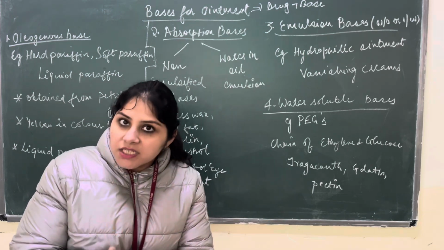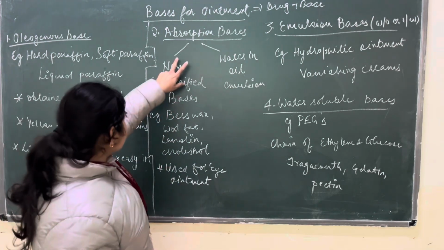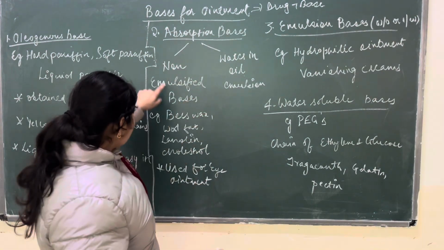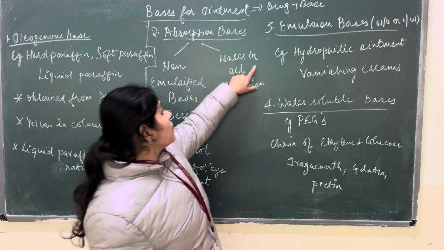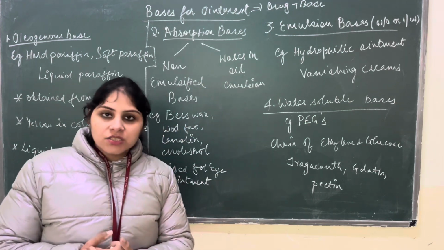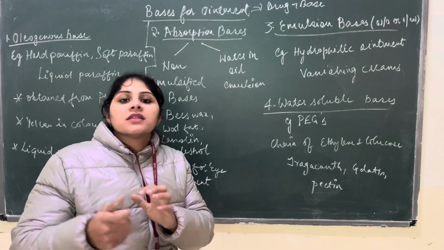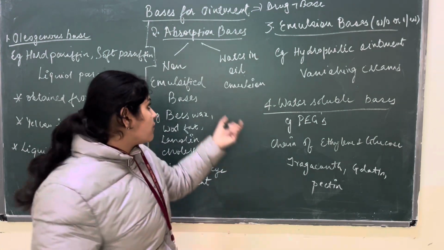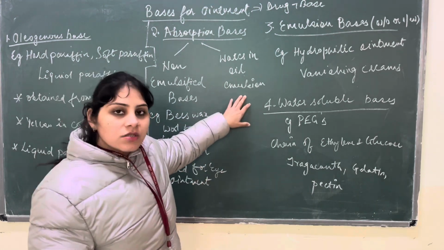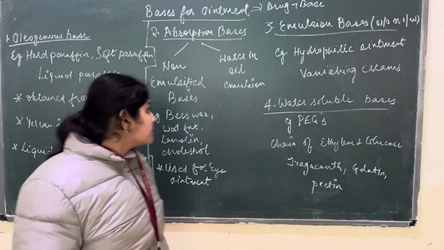When we add water to it, it absorbs a maximum amount of water. They are divided into two: non-emulsified bases and water in oil emulsion. We can also use a water in oil emulsion, in which oil and water are mixed together by an emulsifying agent and form an emulsion.